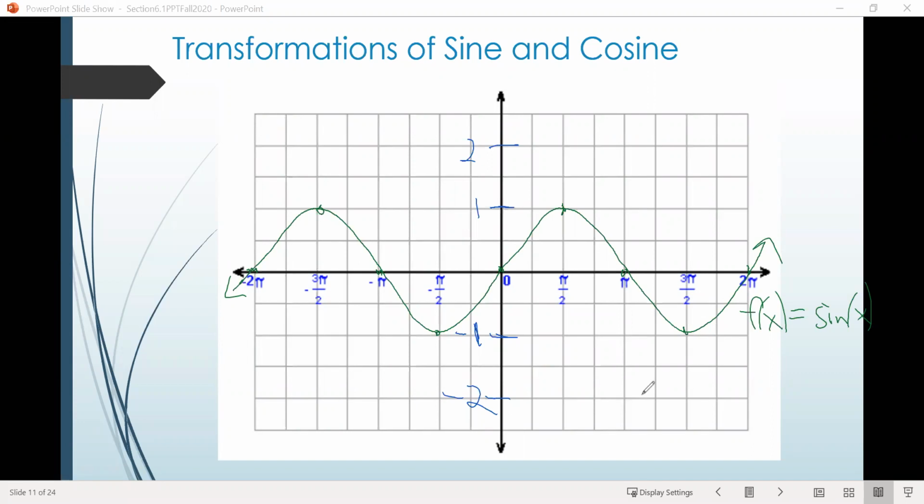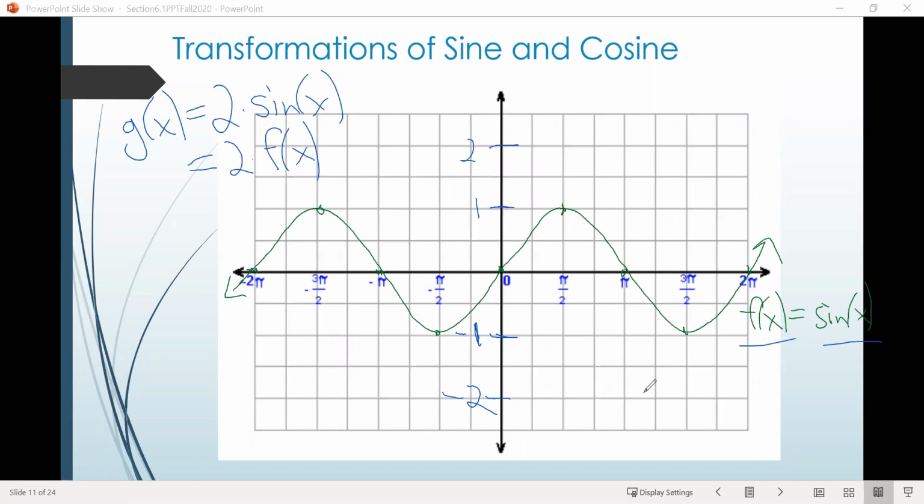So the first example is a function that I'm going to call g of x, which is going to be given by 2 times sine of x. And if it's 2 times sine of x, since over here we have that sine of x is f of x, we're really saying 2 times f of x.